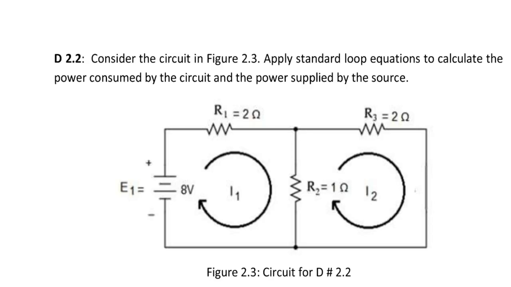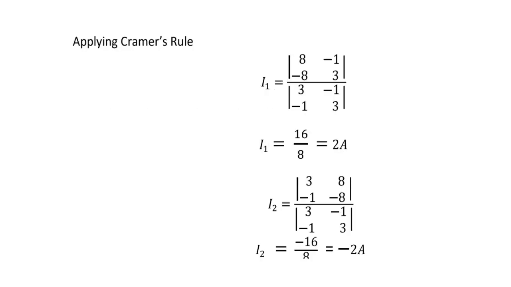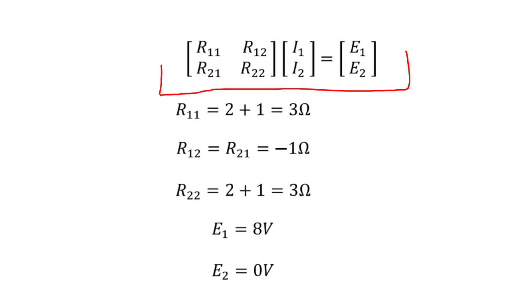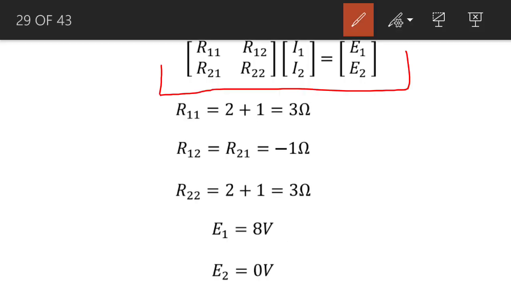So we have R11, which is the total self-resistance of loop number 1, R12, which is the resistance of the resistor belonging to loop number 1 and loop number 2.